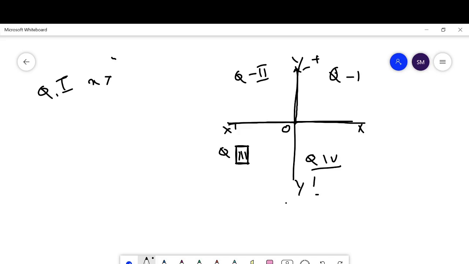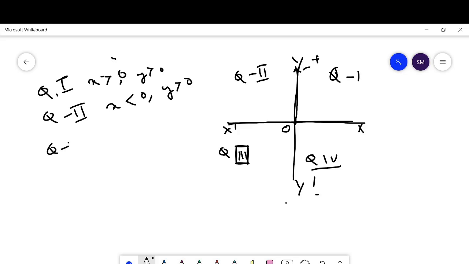In quadrant 1, both x and y are positive, both x and y are greater than 0. In quadrant 2, x is less than 0, meaning x negative, y is greater than 0, y positive.